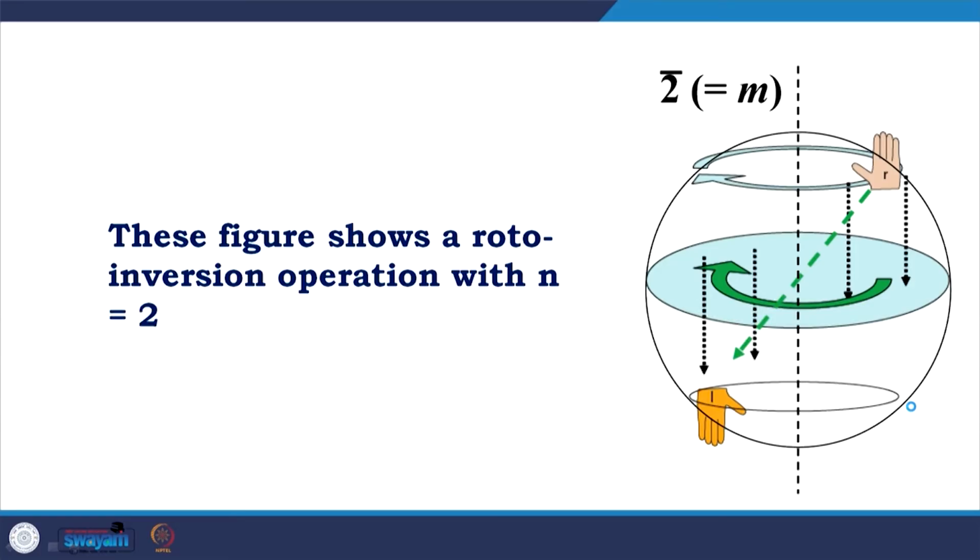Coming to another roto inversion, this shows a roto inversion operation where n equal to 2. So, you do a 360 degree, but you do not do just the inversion as you are performing here.